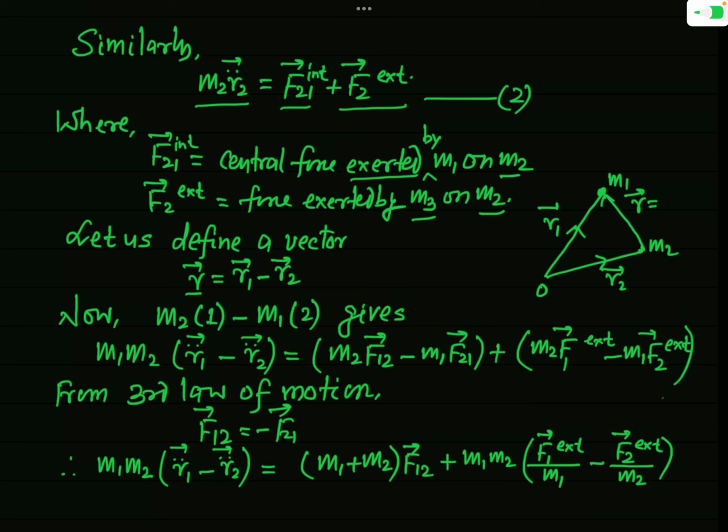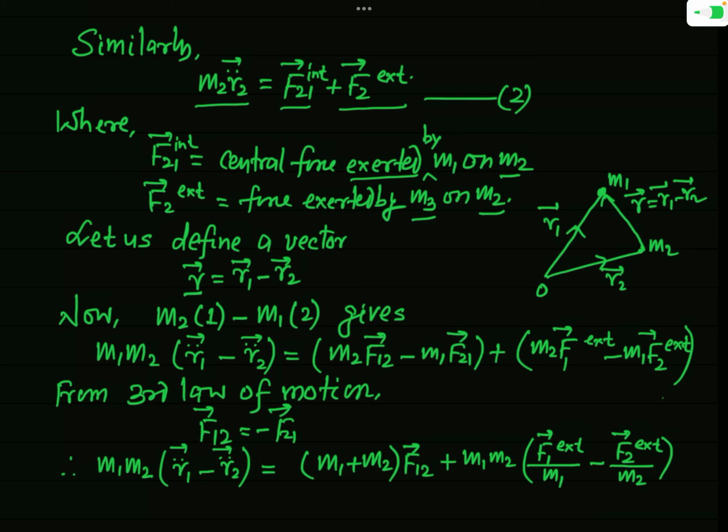That will be R equal to R1 minus R2. So you may interpret this vector R as the position vector or the radius vector of point mass M1 with respect to M2.